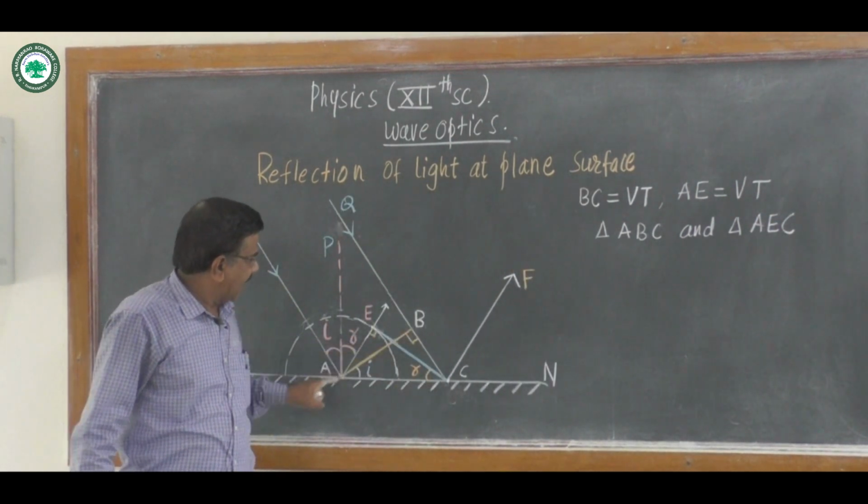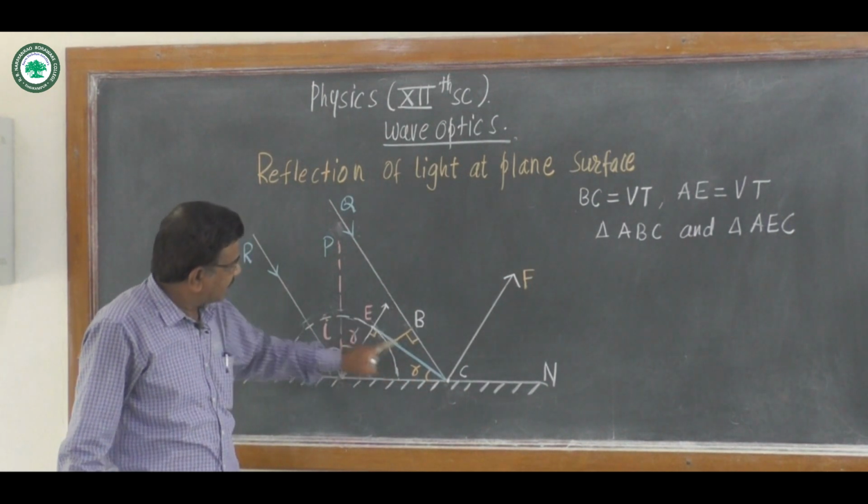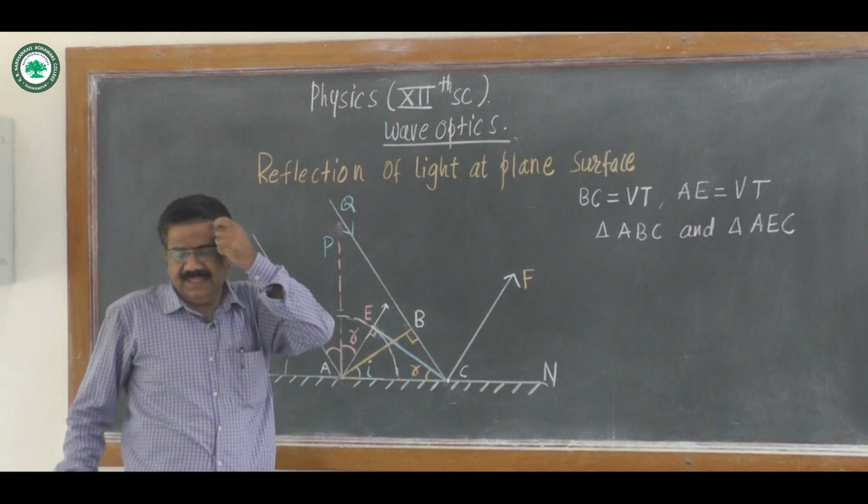ABC means this triangle, here there is a right angle. AEC means this triangle, here there is a right angle.